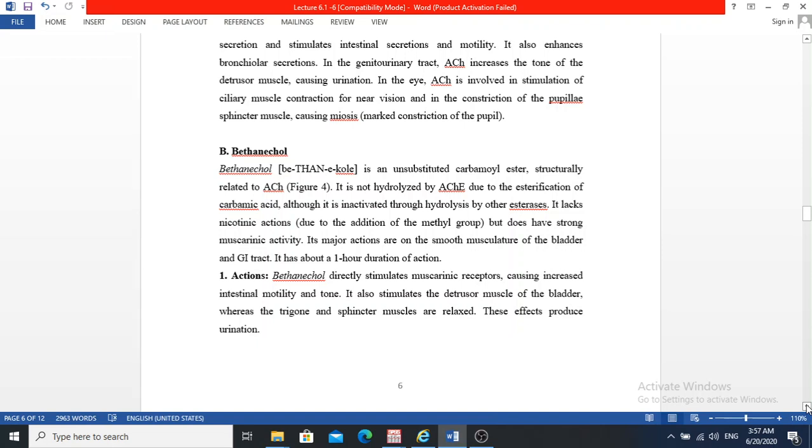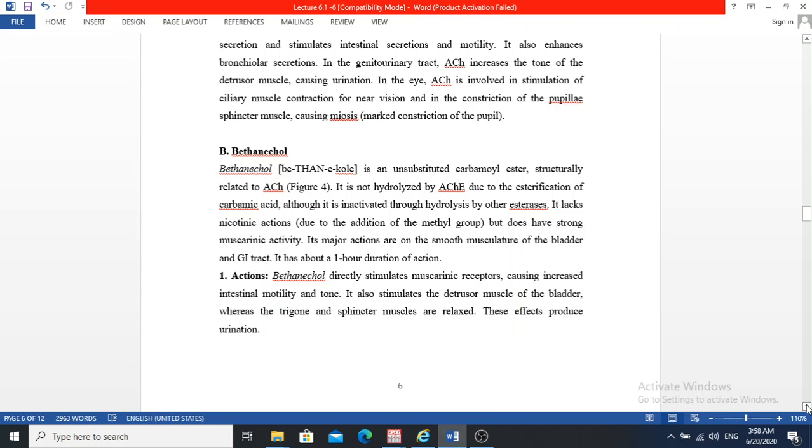Its major actions are on the smooth muscle of the bladder and GI tract. It has about 1 hour duration of action. Bethanechol directly stimulates muscarinic receptors, causing increased intestinal motility and tone.